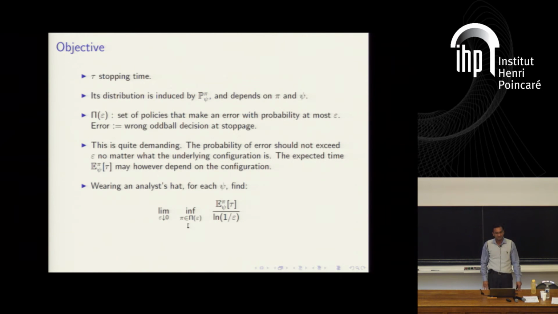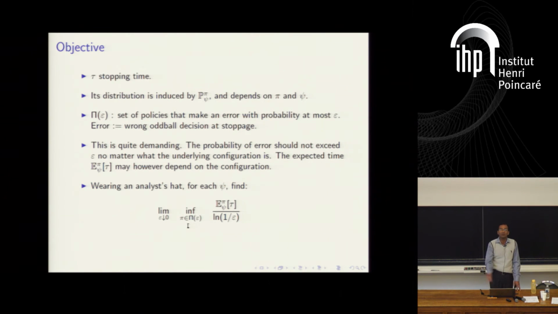20 images. Okay. We anticipate that as you drive the probability of error down to 0, you're going to take longer and longer because you have to do well no matter what the underlying configuration is. And if you study this a little, or if you're familiar with Wald's identities and Wald's classical results, you will recognize that the expected time is going to be of the order of log 1 over epsilon times a constant.